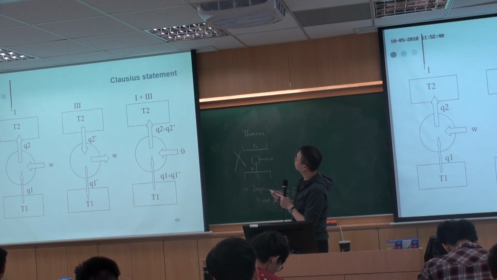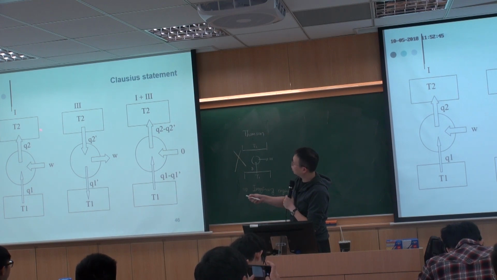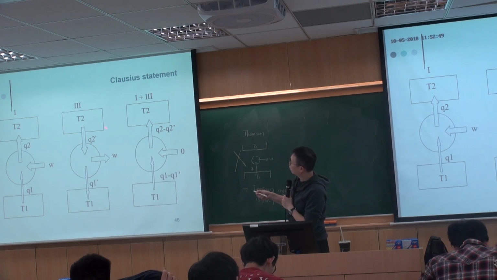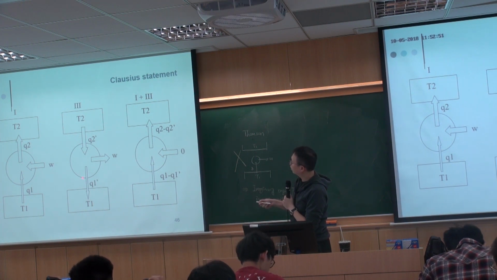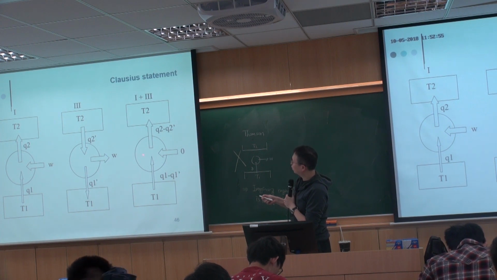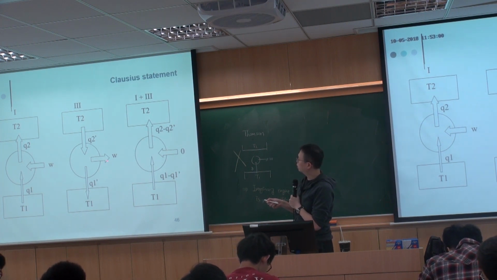And this is Clausius' statement. If you combine the original Carnot cycle engine, or Carnot engine, with the third one, then you will end up with something like this, because the work is the same. So these two will cancel out.